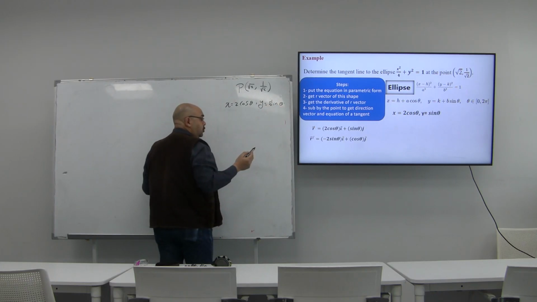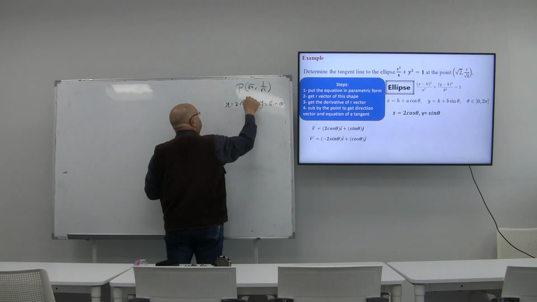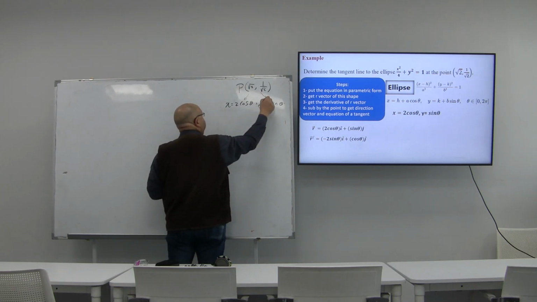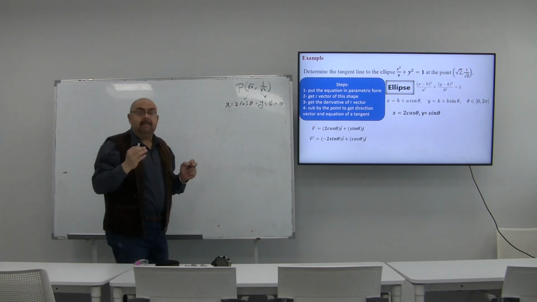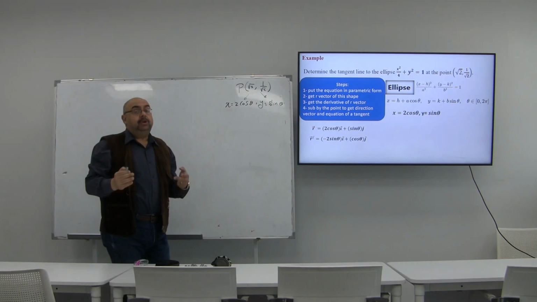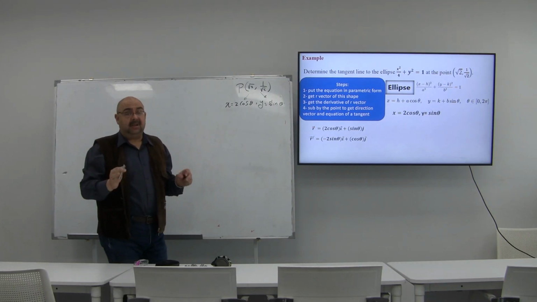So all I have to do now, I have the x component and the y component, both of them are positive values, which means we are in the first quadrant.